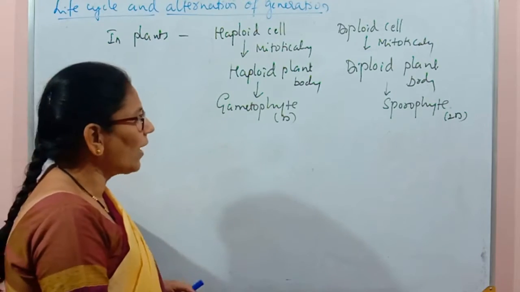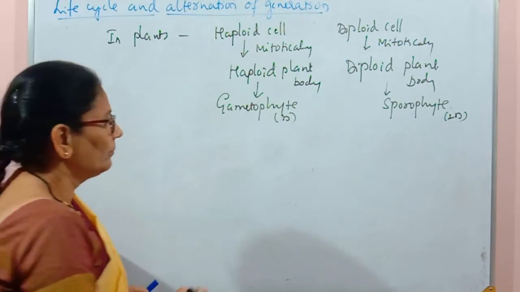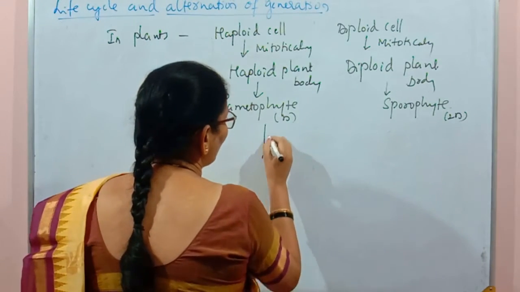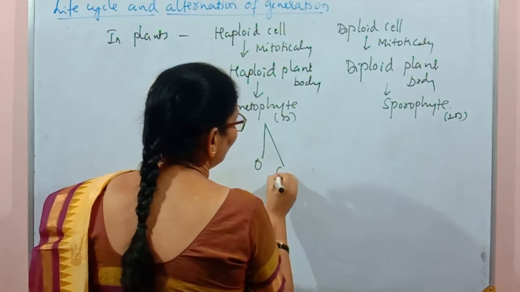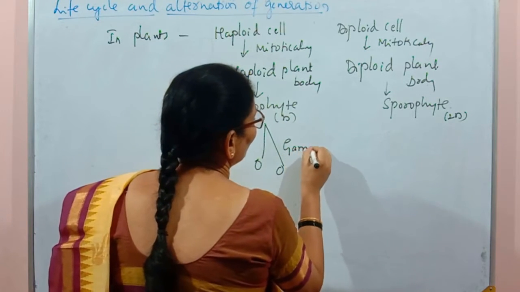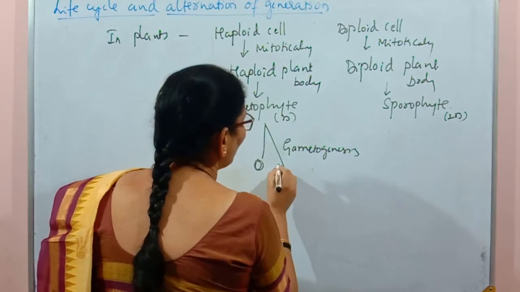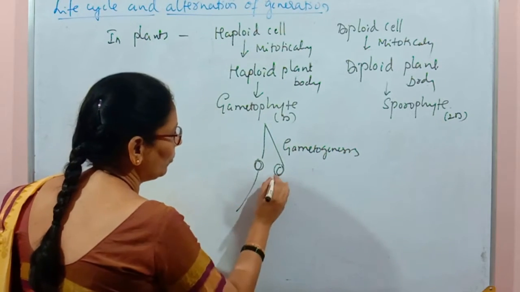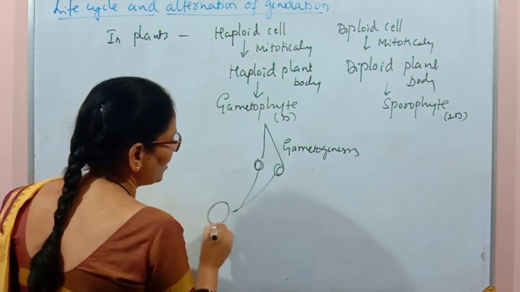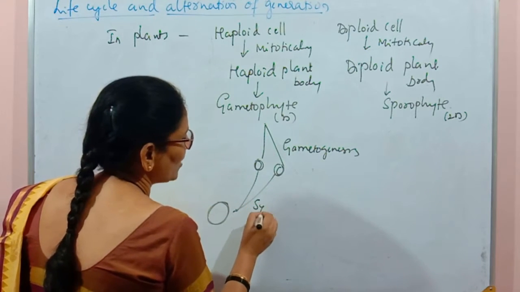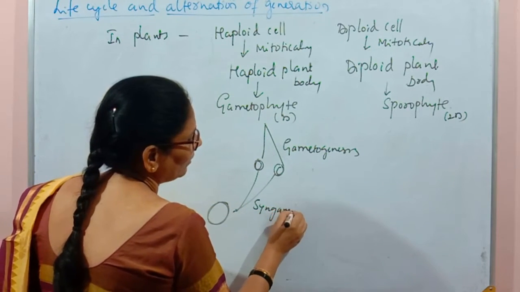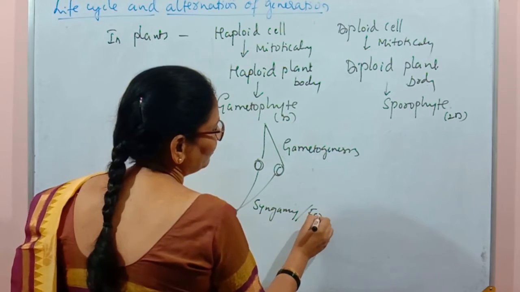When this gametophyte produces gametes by gametogenesis, these are the gametes and they fuse and form the zygote, and this process is called syngamy or fertilization.